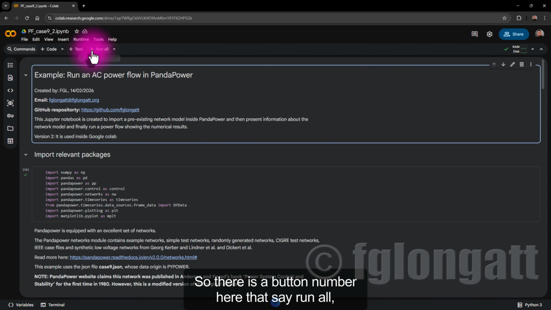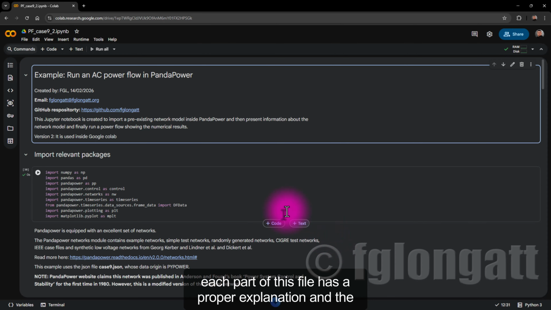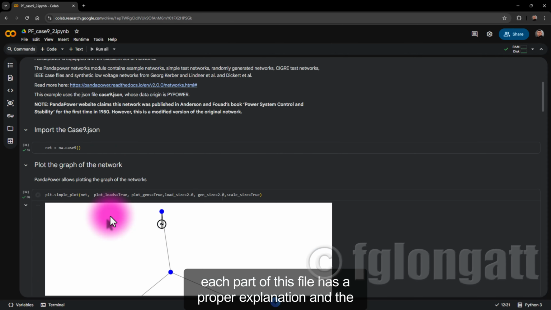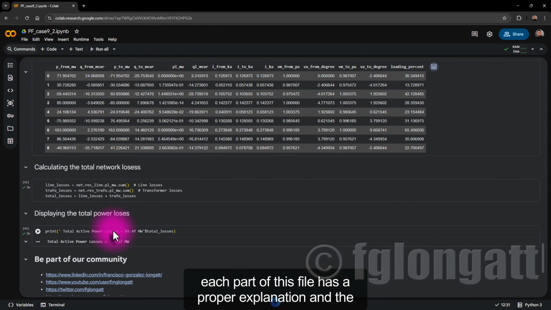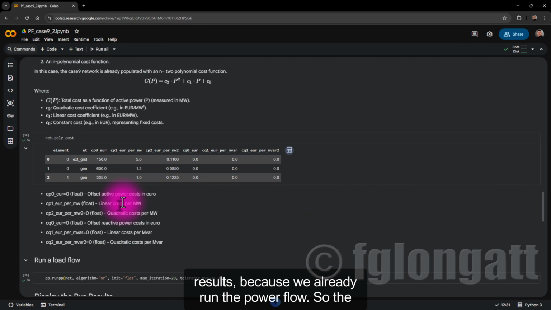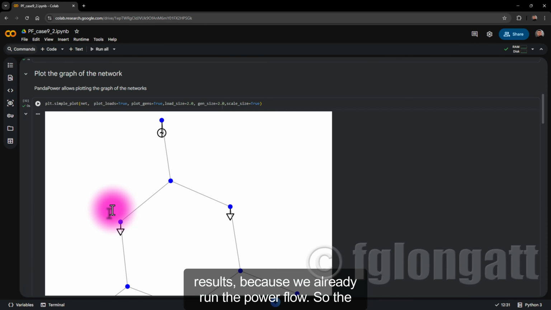There is a button over here that says Run All. If you press over there, you can see that now we run the full code, okay? Each part of this file has a proper explanation and the results, because we already ran the power flow.